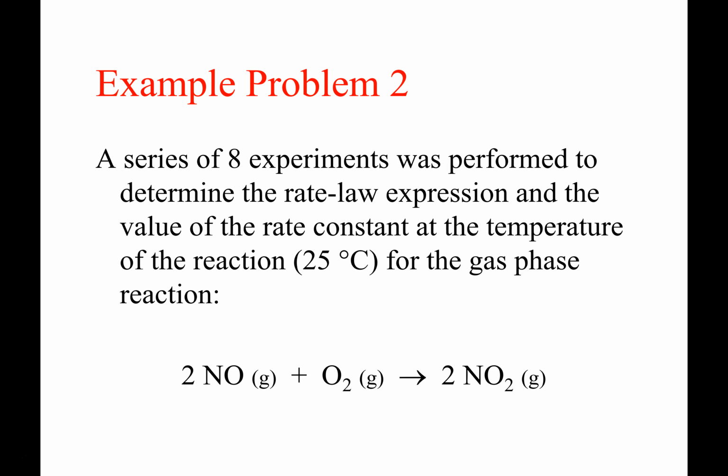You're going to see actually 4 trials where oxygen, the O2, initial concentration of O2 is held constant, varying the initial concentration of NO, and then 4 more trials where this is held constant, and we're going to vary the concentration of the O2. And we're going to look at the effective rate, and we're going to do exactly this.